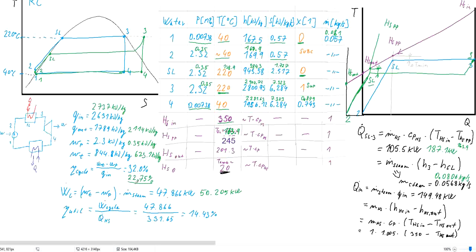It is because this green cycle converts more of the heat with lower efficiency, and the trade-off between the heat and efficiency turns out to give us a little bit higher power output, and in this case of this cycle we have actually slightly better steam quality at the outlet of the turbine.